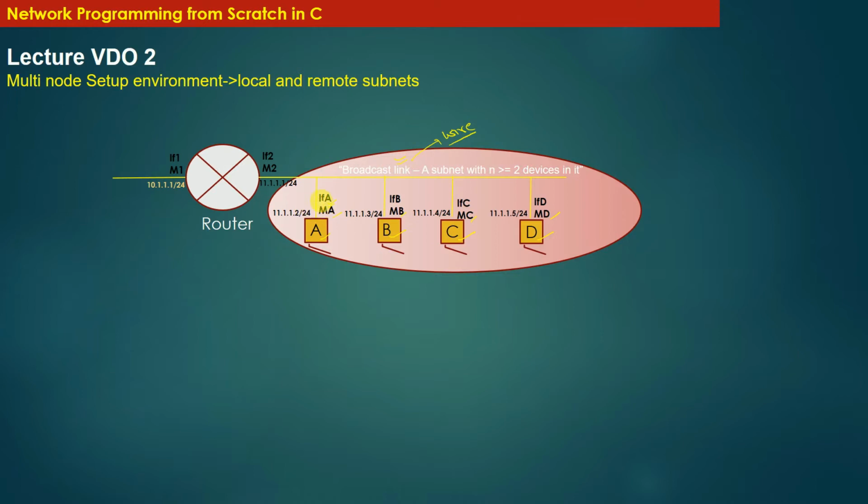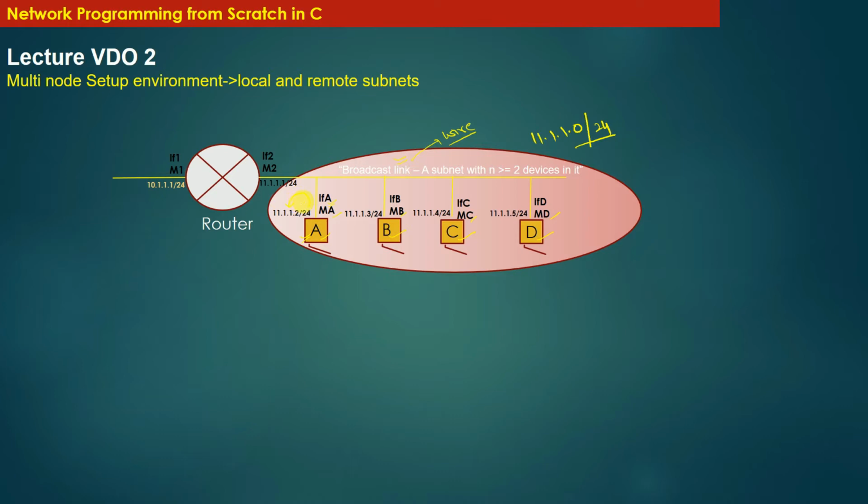To calculate the network ID of this broadcast link, just pick any machine which is connected to this broadcast link and apply the mask value to the IP address of the interface through which the machine is connected. So let us pick machine A. Machine A is assigned the IP address 11.1.1.2/24. Just apply the mask value 24 on this IP address, you will get the subnet ID, which is 11.1.1.0/24.